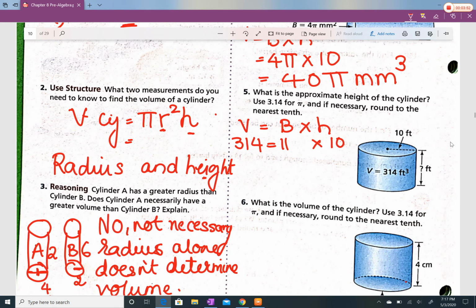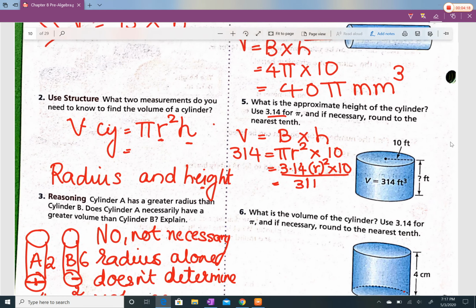So this is pi r square. Pi they told me to use as 3.14. I don't know the r square, so I'll just write that, and times 10. Okay, so I divide this by 3.14 times 10, which is 31.4. Sorry, 31. Let me erase it. Here no mistakes can be tolerated in calculations.